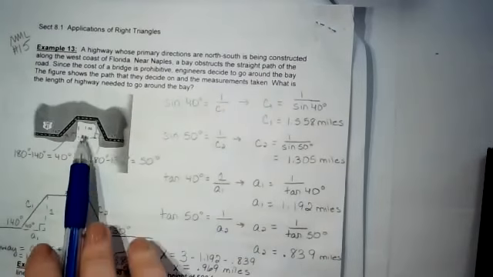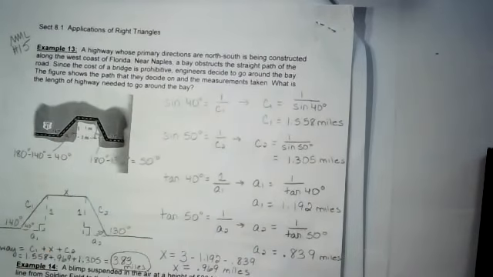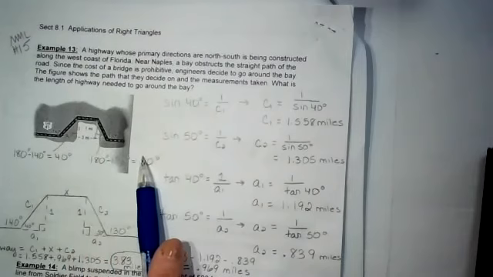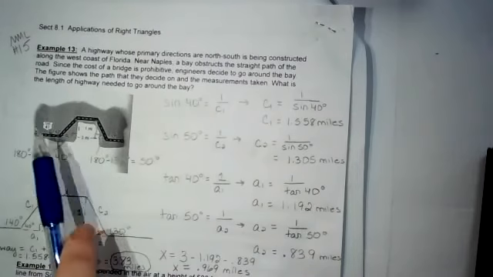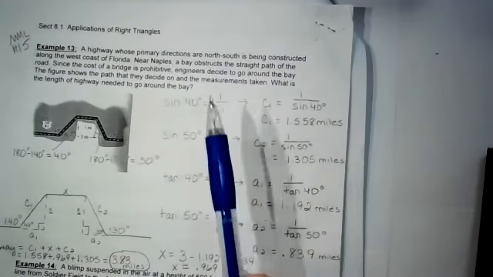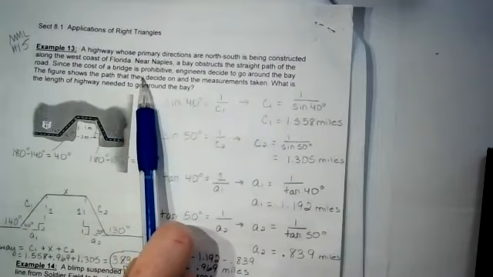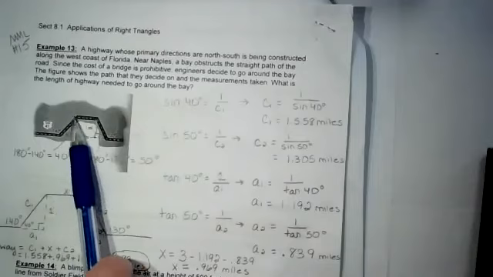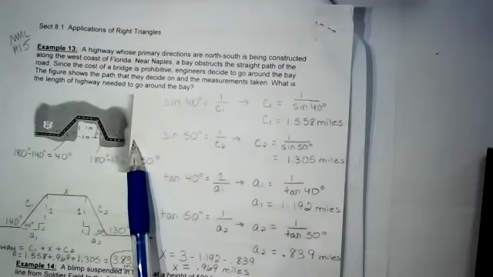The engineers know they have to build a highway, so they did a cost analysis. They said, okay, how much does it cost to build a road around the bay? How much does it cost to build a bridge over the bay? Turns out the cost of the bridge is prohibitive. That means it's too much. It's too expensive to build a bridge over it. So they just decided to put a road around it.